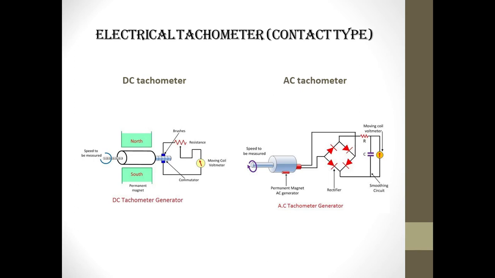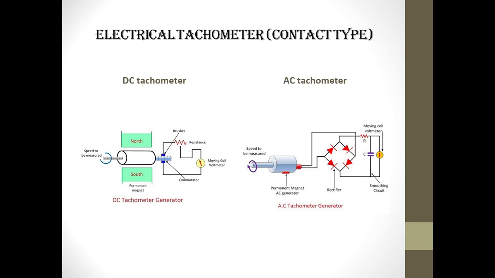To overcome some of the difficulties mentioned in DC tachometer generator, AC tachometer generators are used. The tachometer generator has a rotating magnet which may be either a permanent magnet or an electromagnet. The coil is wound on the stator and therefore the problems associated with commutator and brushes are absent.